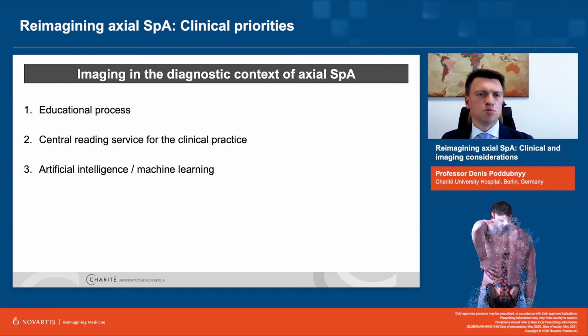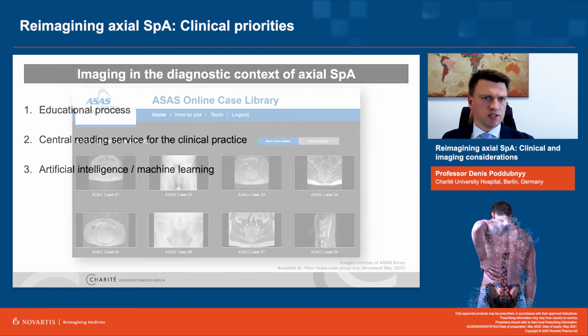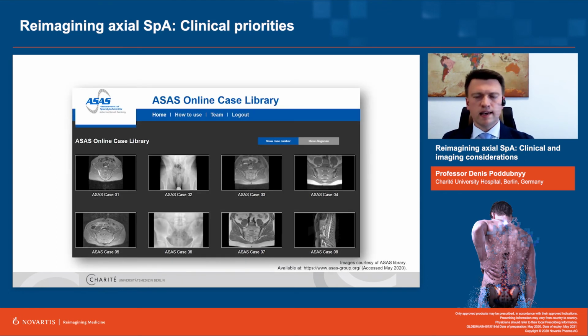In the next 2 minutes, I would like to show you some interesting initiatives in all three areas. The first one is an online case library we released this year.